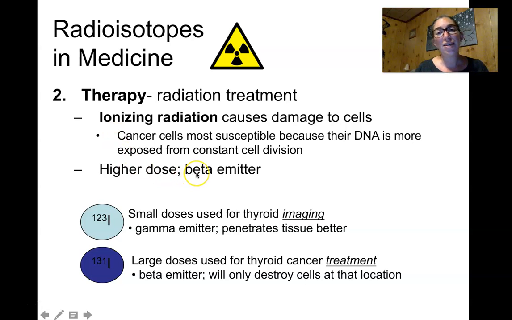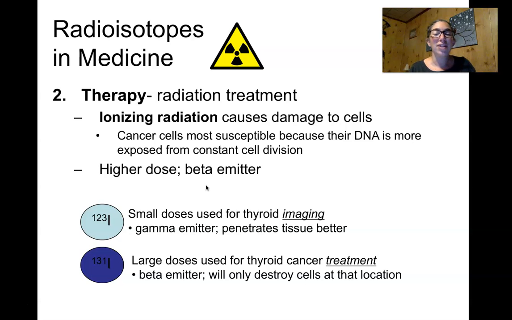But we don't want to use a gamma emitter because we don't want it to penetrate the whole body and damage everything, and we don't want it to leave our body and penetrate the person in bed next to us at night. So we want to contain that radioactivity a little bit more.